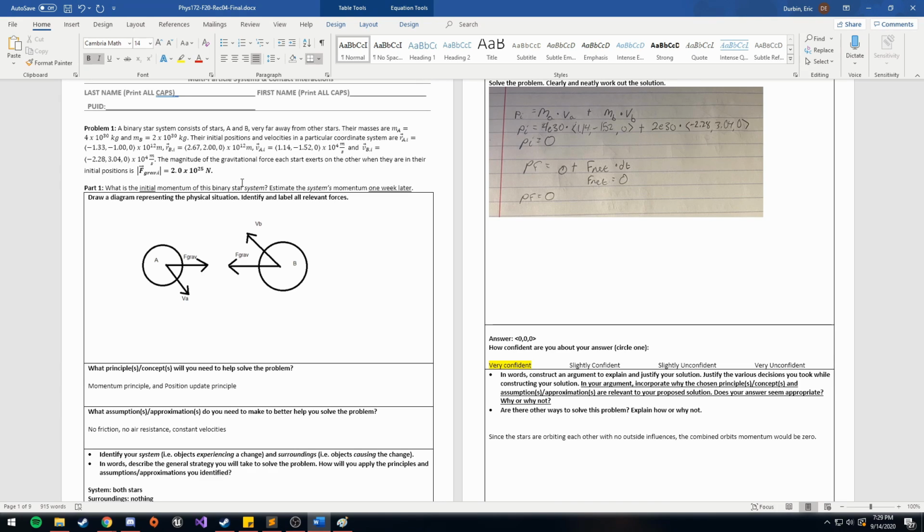So I think we need to find the unit vector of position, from B to A, or from A to B. There's going to be some sign differences.